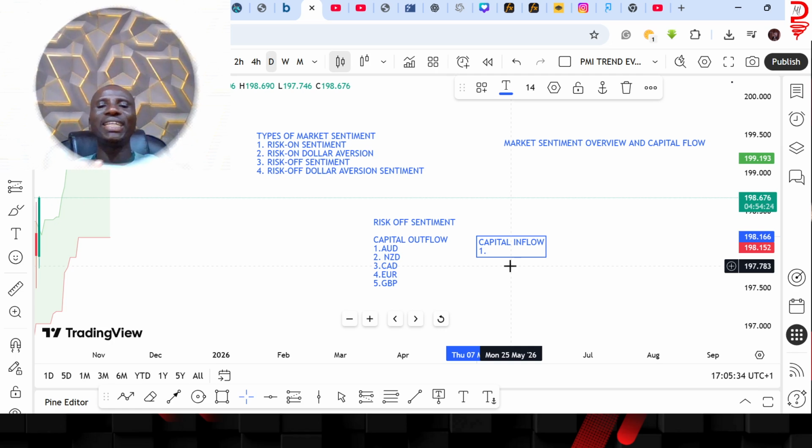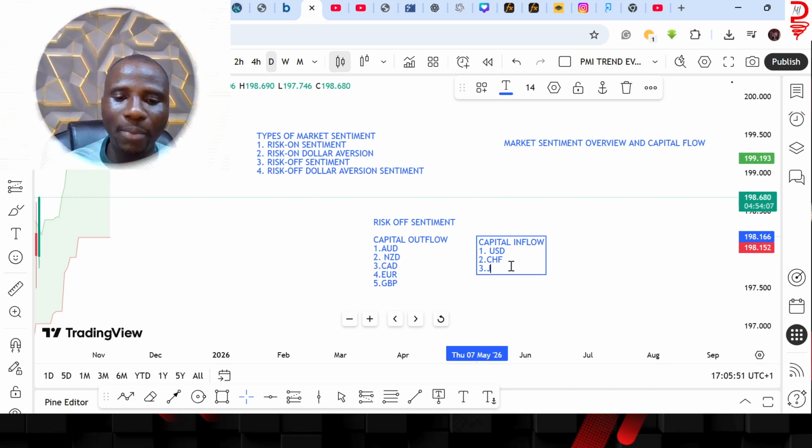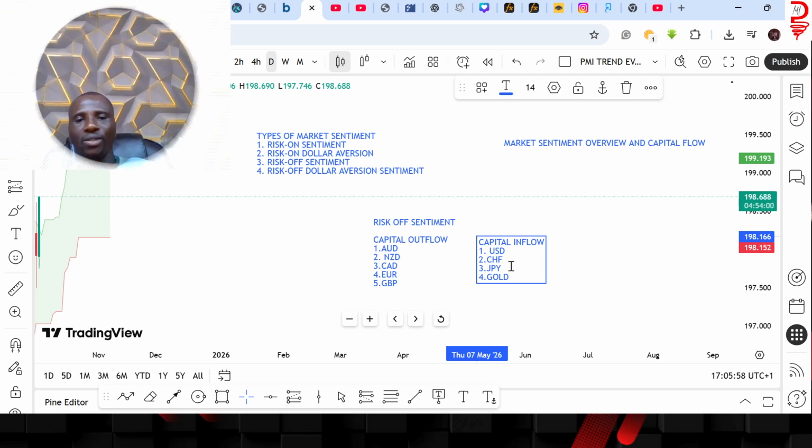Capital will now be flowing into the safe haven currencies and commodities. For instance, in a risk off sentiment, you will see that capital will be flowing into the US dollars, the Swiss franc, the Japanese yen, and of course gold as a safe haven commodity.